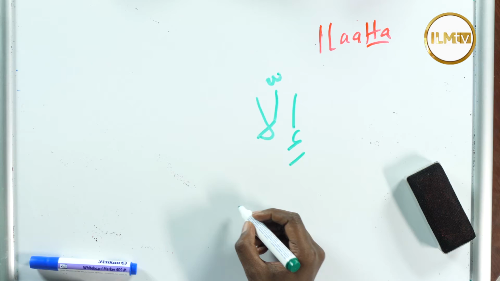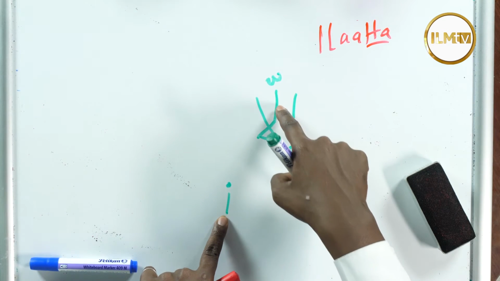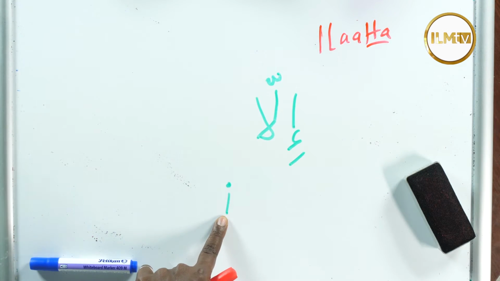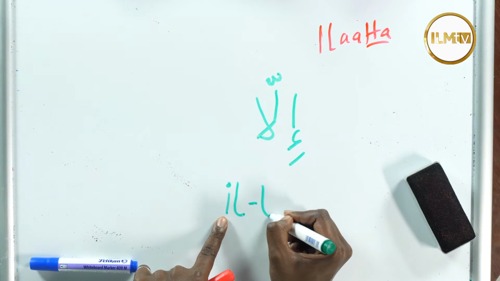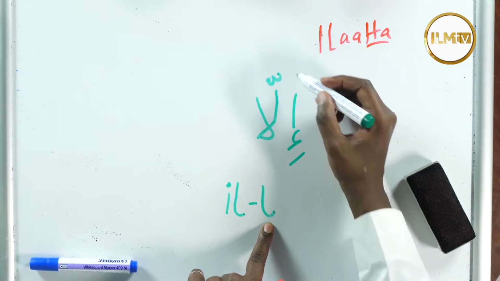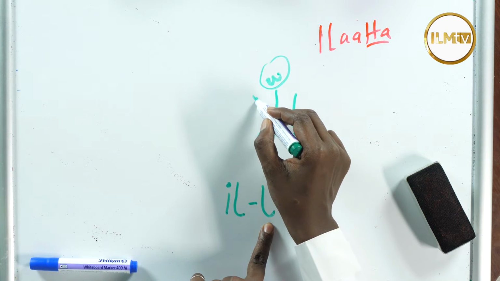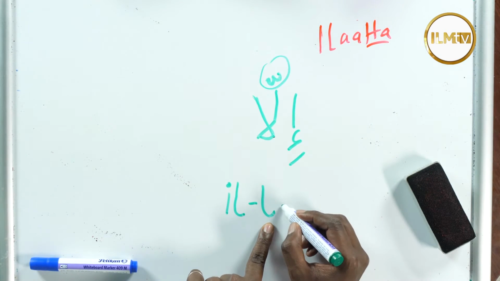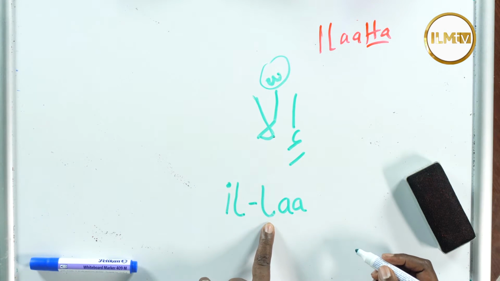So the first one is E, then followed by two lams, you know. We have one lam, then another lam. Then these two lams over here, from this shadda we have two lams. They are followed by an alif. Alif is a double R. That way.